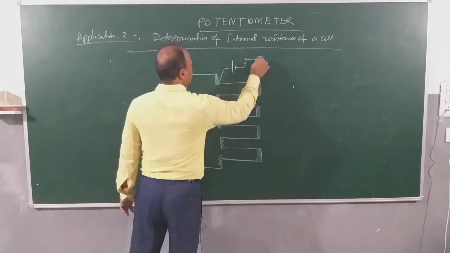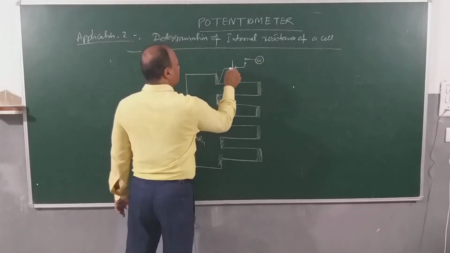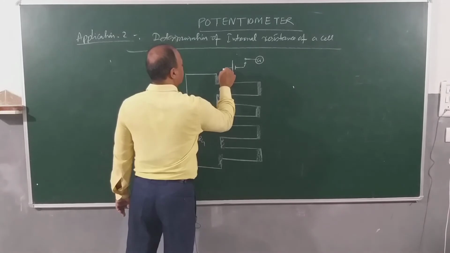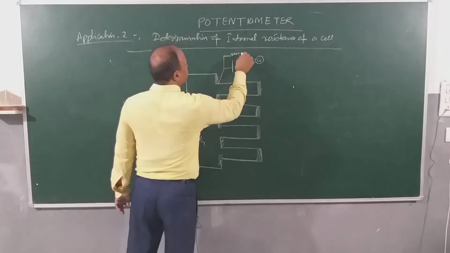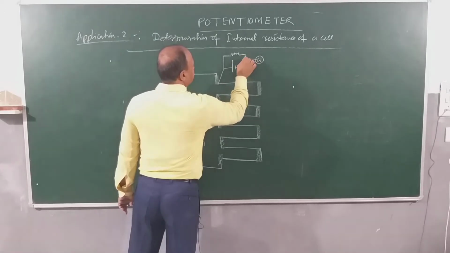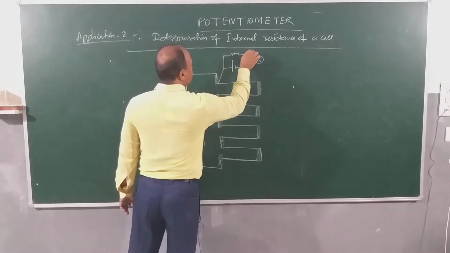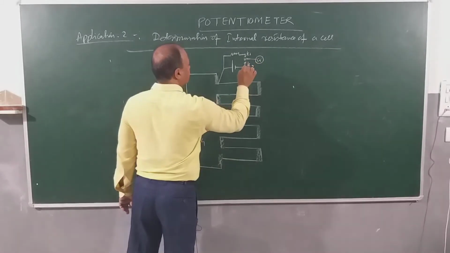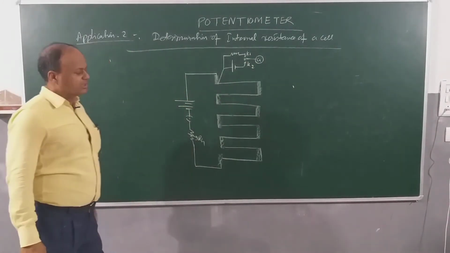Here we are connecting a galvanometer. Now here I am connecting resistance R. Here we have another terminal. So this is key K1, this is key K2, right?